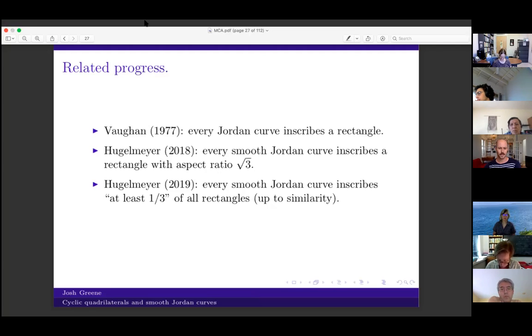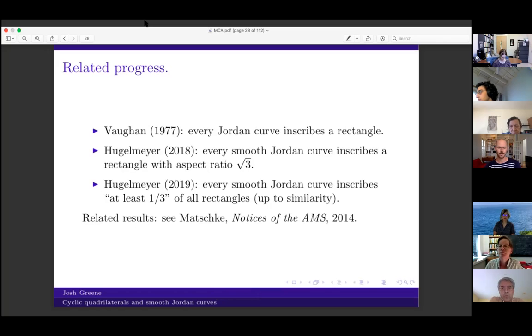And this was in the direction of a problem which asked whether in fact you can get every similarity class of rectangle inscribed in every smooth Jordan curve. This was the so-called rectangular peg problem. It appeared in a few places, including this really nice survey by Benjamin Matschke from several years ago in the Notices of the AMS. And I would point you there for some related problems.